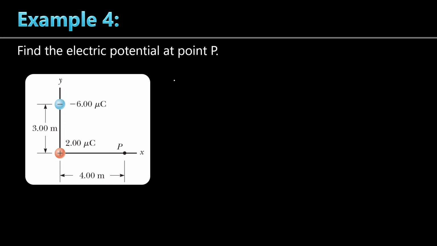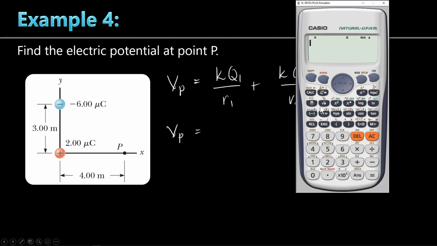So, the total potential at point P is equal to K times Q1 over R1 plus K times Q2 over R2. Pwede naman natin yung irekta sa calculator? Actually, yes. So sa calculator, pindutin ko na lang yung K kasi common factor naman siya. 9 times 10 to the 9 times parenthesis. Okay.